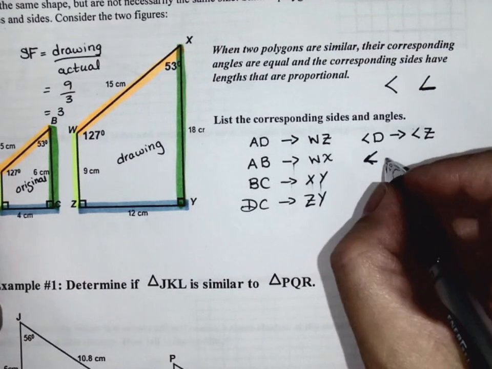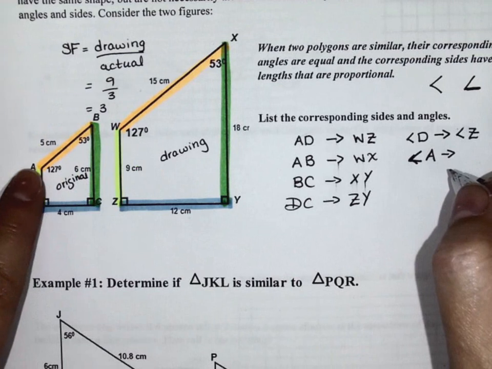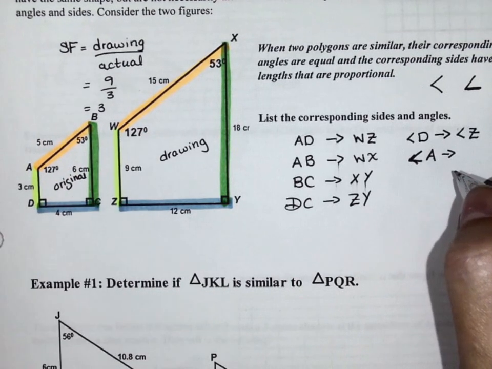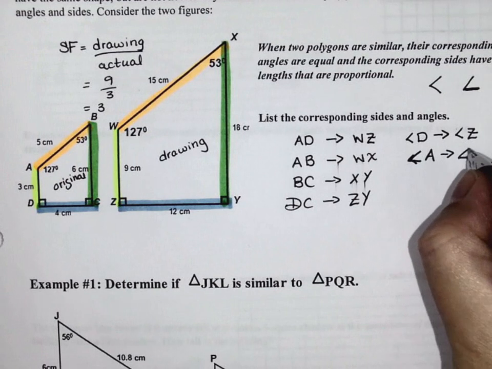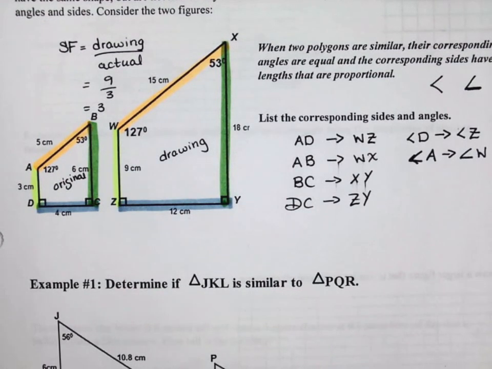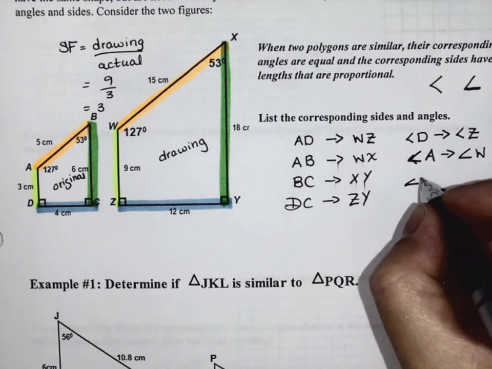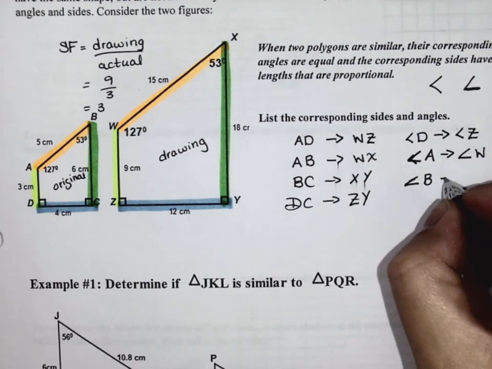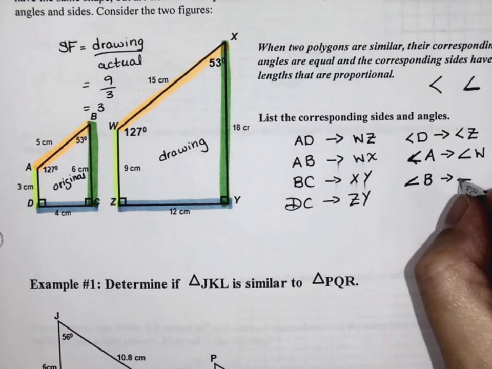Okay, so angle A matches with what in the big diagram? Angle A matches with what in the big diagram? W. And then I have angle B matches to, let me draw my angle sign.